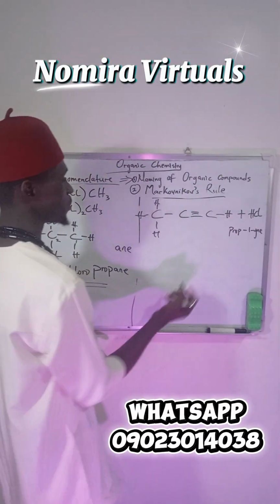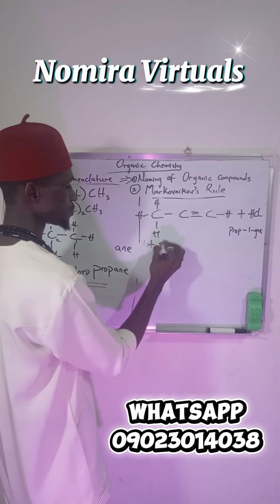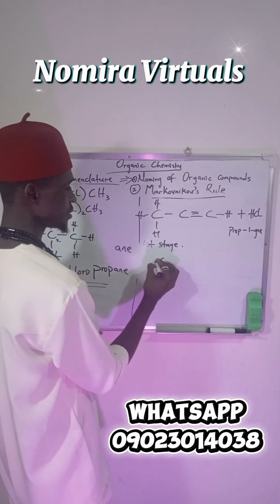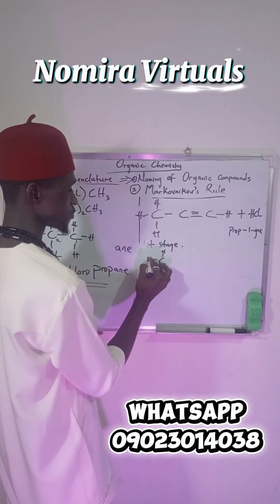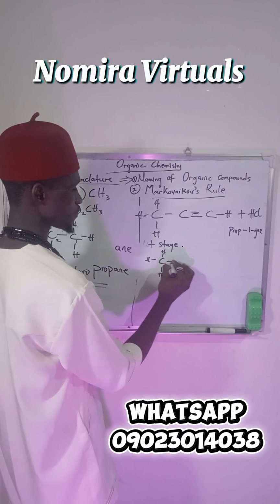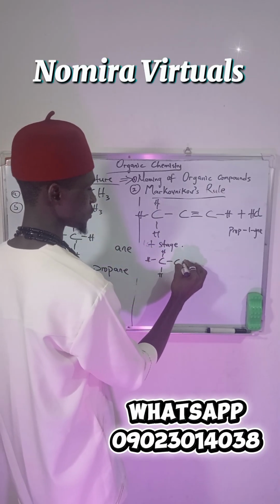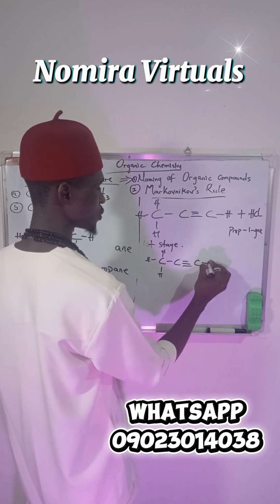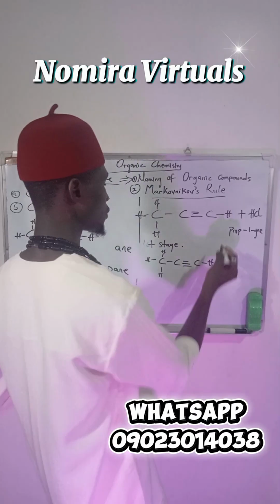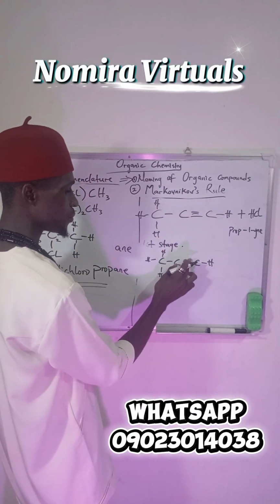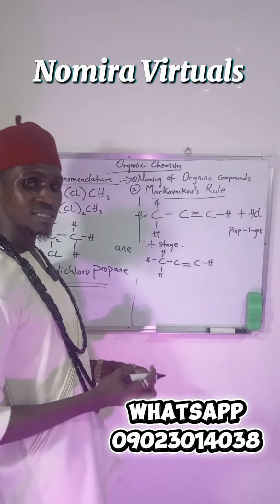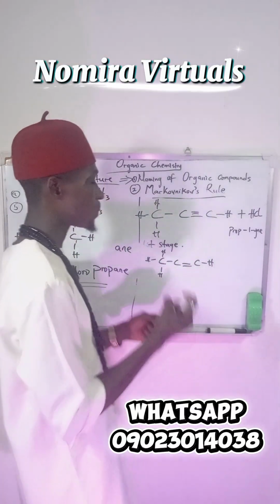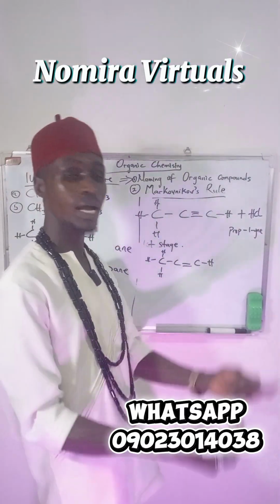So let us break this bond. The first stage will be the formation of this. Okay, let's just keep the 3 bonds. I'll show you how it breaks the bond. So when the hydrogen chloride breaks the first pi bond, it will give the hydrogen to the particular carbon that has more hydrogen.